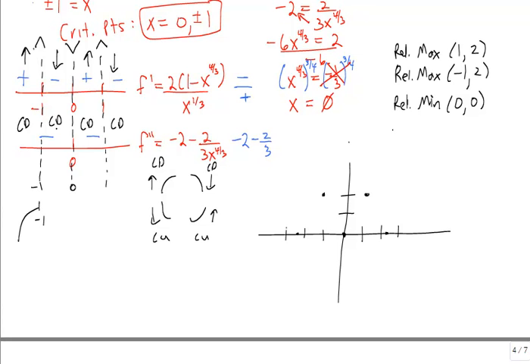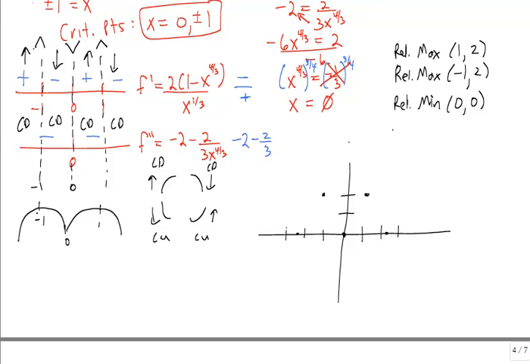And then I'm still concave down but decreasing, so that's the other half of that U shape until I hit 0. And then after 0, I'm concave down increasing again, so now it's this shape until I hit 1, and then back to concave down decreasing after 1.